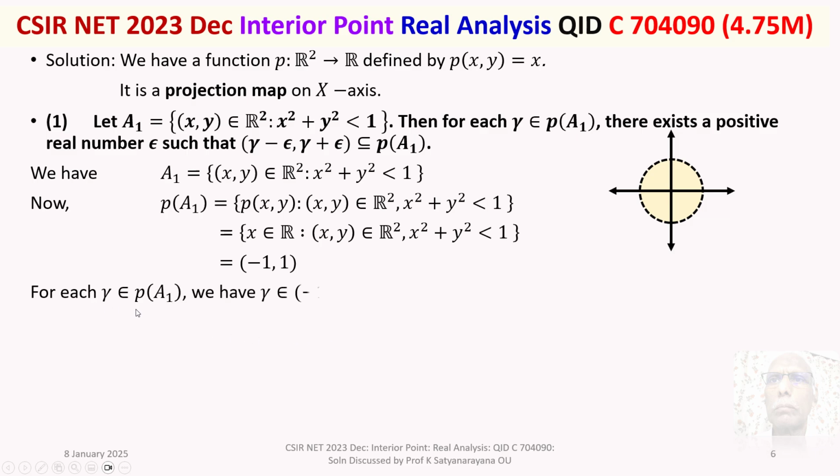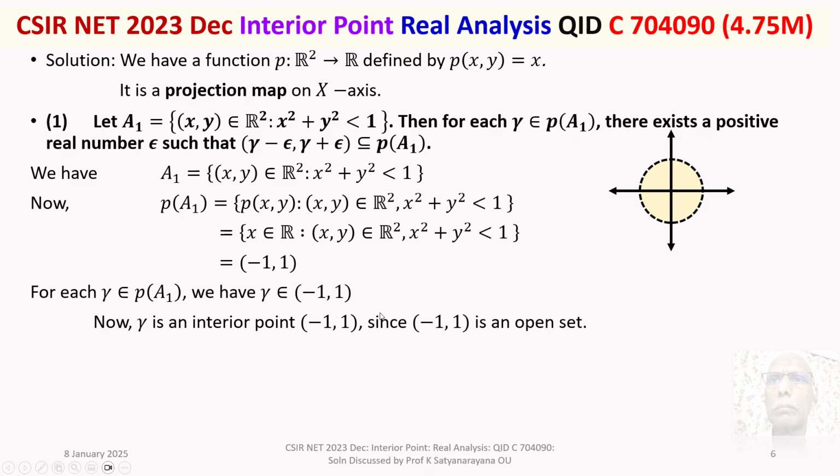For each gamma belongs to P of A1, where P of A1 is -1 to +1, we have gamma belongs to -1 to +1. And gamma is an interior point of -1 to +1 because it is an open interval, and so it is an open set. Right. So, there exists an epsilon greater than 0 such that the neighborhood with center gamma and radius epsilon is entirely contained in -1 to +1.